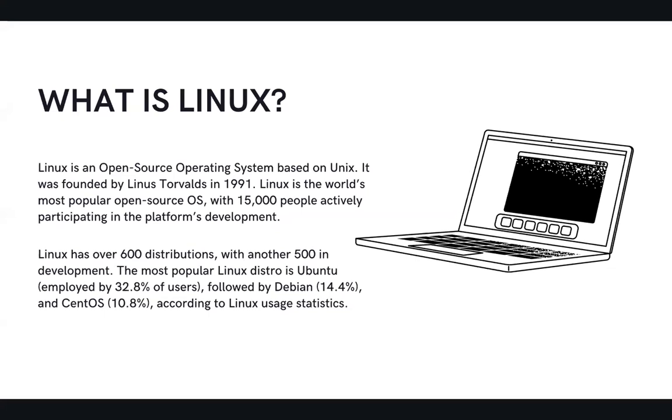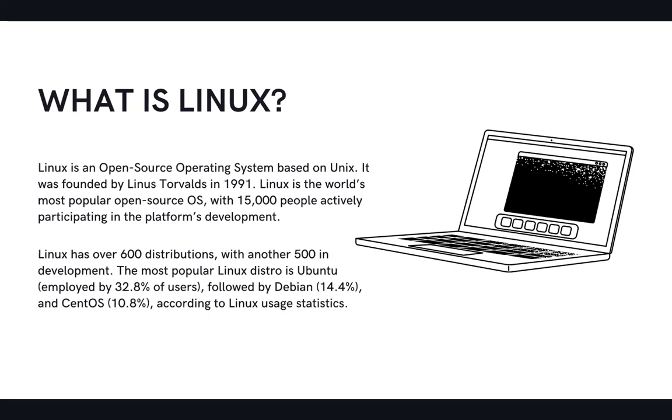You may have heard about Ubuntu a lot, because that's the most popular distribution, but Linux actually has over 600 distributions. And it is currently the most popular open source OS.